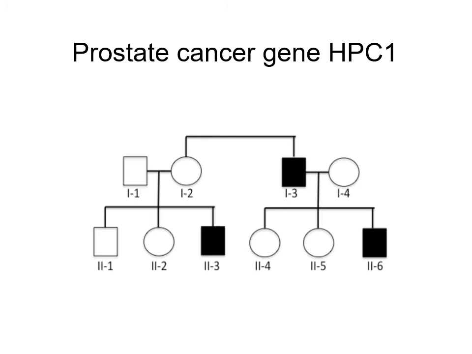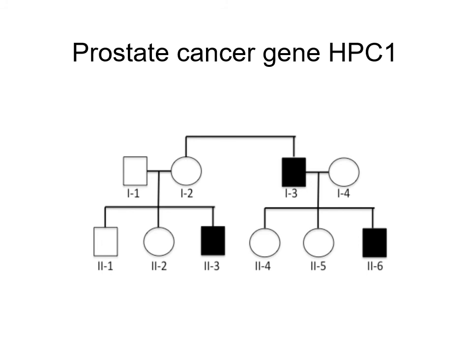So in this pedigree, we have 1-3, a male with prostate cancer, and he passes it on to his son. His two daughters, 2-4 and 2-5, each have a 50-50 chance of having inherited that mutant allele. If so, they can pass it to their sons.